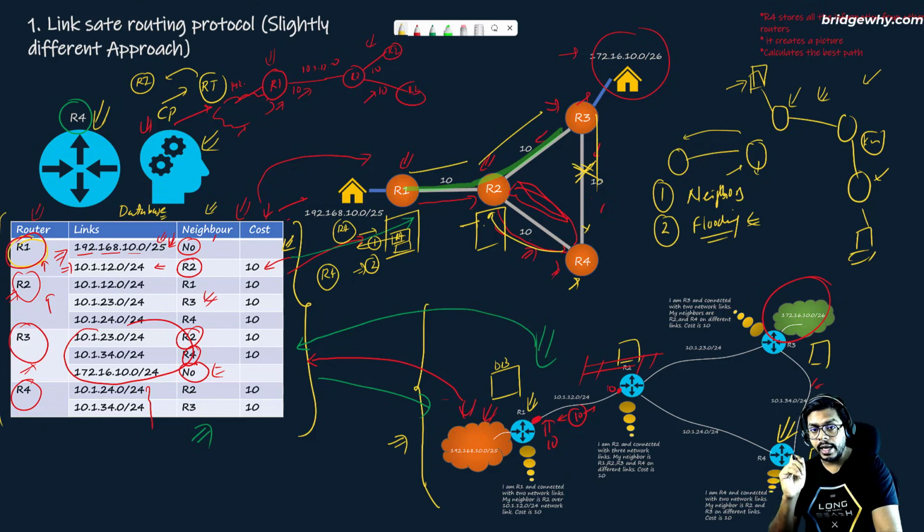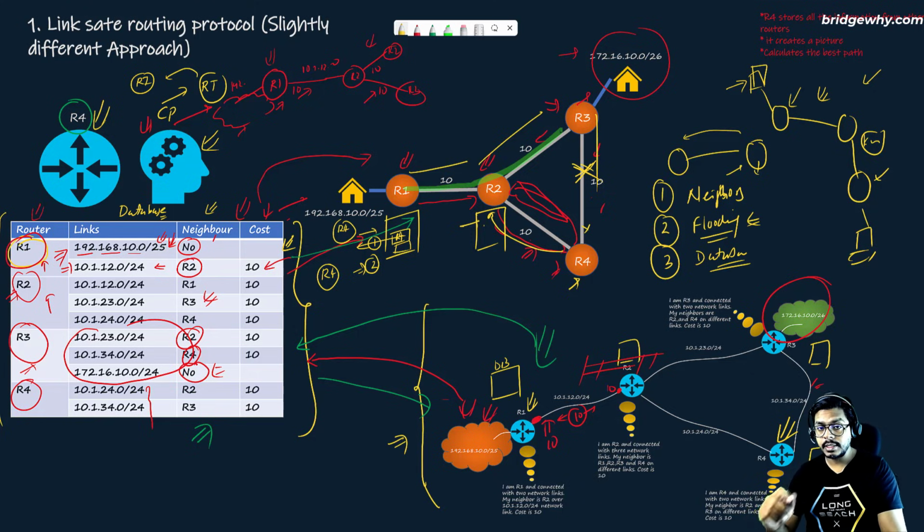The first thing, every router in the link state routing protocol has to find out the neighbors, right? The second thing is the flooding, because you need to flood routing information. Third thing is to create this database and make sure this database is absolutely the same across my topology. You can argue with me that, Mr. Vishnu, there might be 100 routers connected, right?